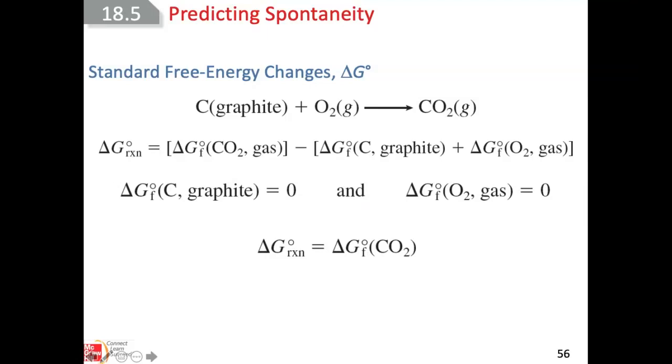Since carbon as graphite and oxygen are in their elemental state, their standard free energies of formation are 0. For this reason, the standard free energy of reaction is just equal to the standard free energy of formation of CO2.